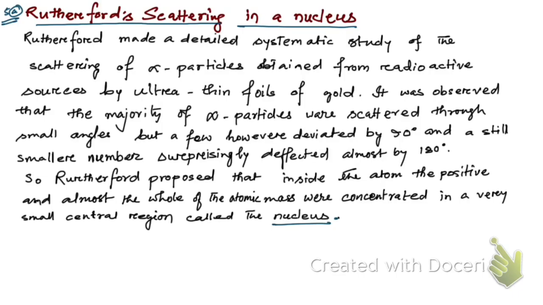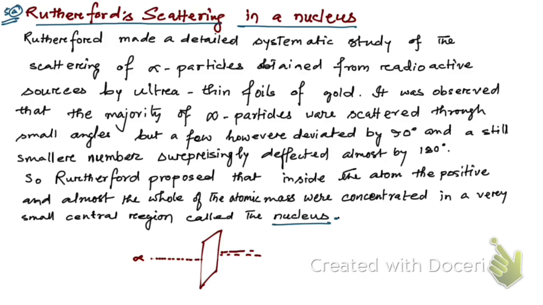You have already studied at senior secondary level that Rutherford took a very ultra thin gold foil, on which alpha particles were projected. It was observed that most of the alpha particles passed through and deviated by a very small angle.